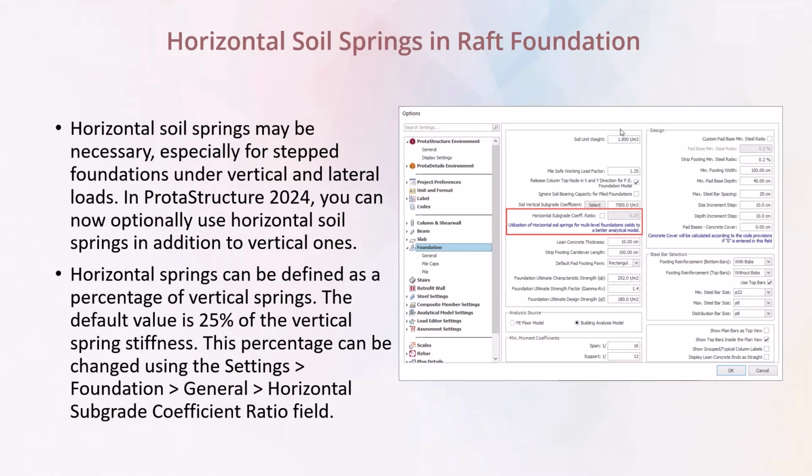We are able to assign horizontal soil springs, which is crucial, especially for step foundations. And if you want to set this subgrade coefficient ratio, you can get into the options and change this value. I will show in the live webinar.